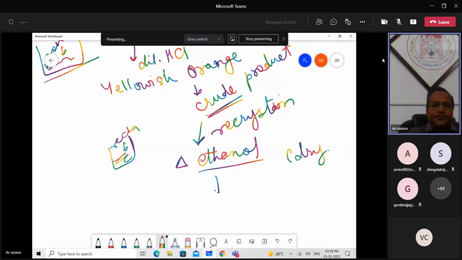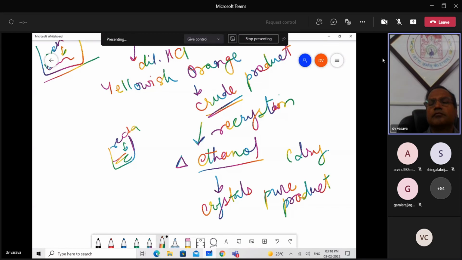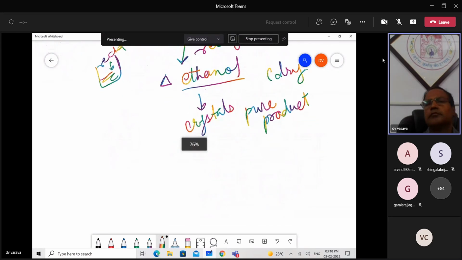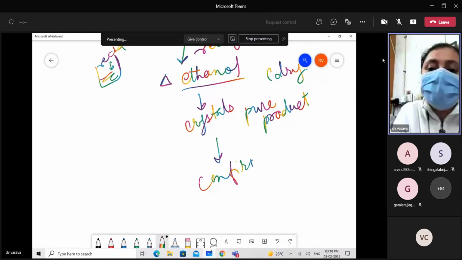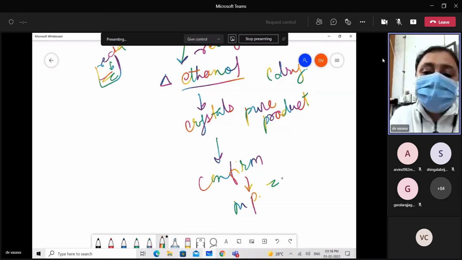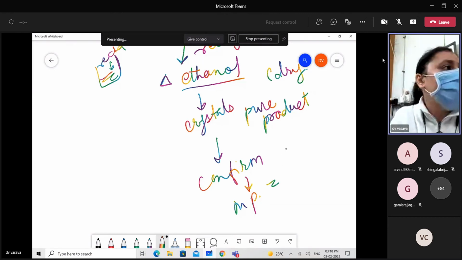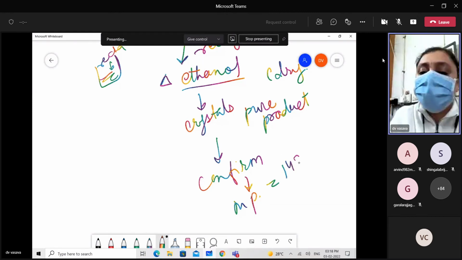So we get crystals of pure product. And ultimately, to confirm that we have got our desired product, you can measure its melting point, which comes out to be 142 to 144 degrees centigrade.